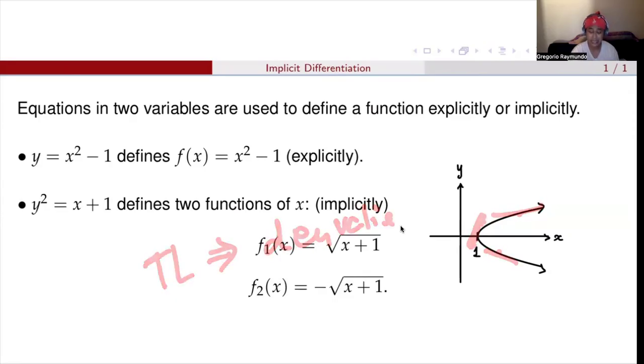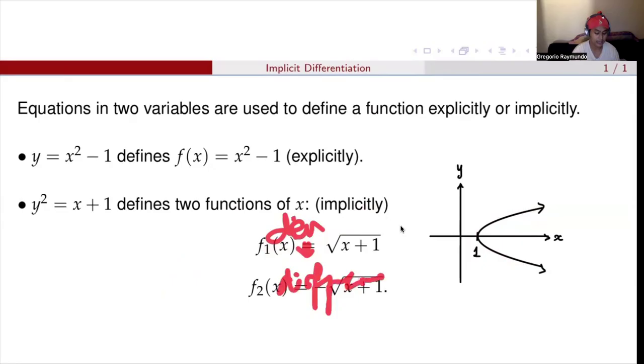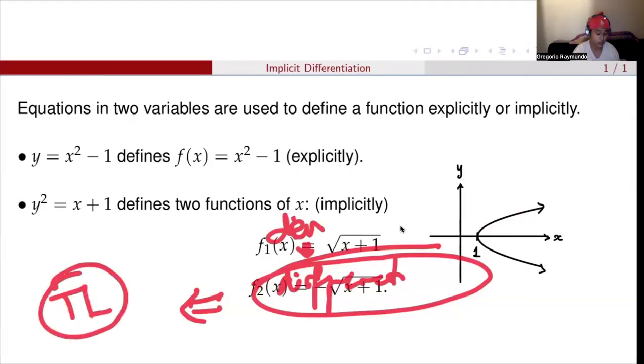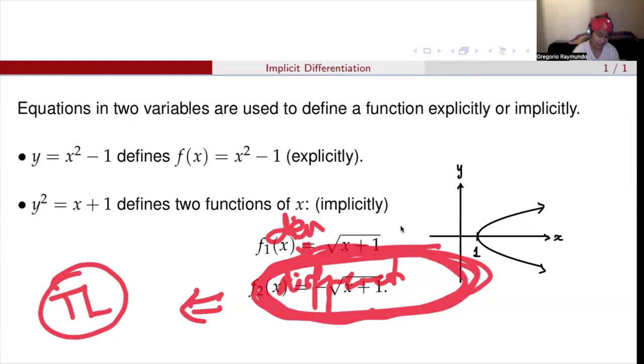Pero paano natin ma-manage ngayon yun? Kasi naalala natin, kapag ang paghahanap ng derivative, we call it differentiation. Pero yung definition ng differentiation, subset lang siya ng definition ng tangent line. Kumbaga, ang function, pag kinuhanan mo ng derivative, or dinifferentiate mo siya, it implies na kinukuhanan mo nga siya ng slope ng tangent line.